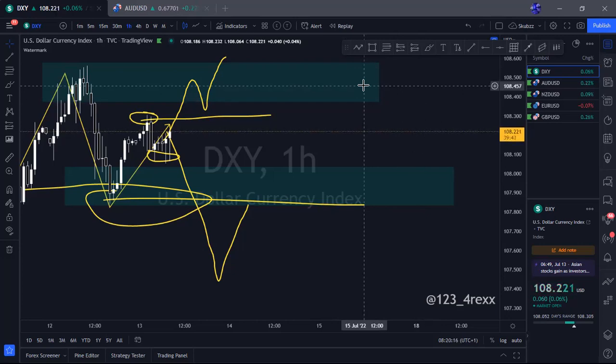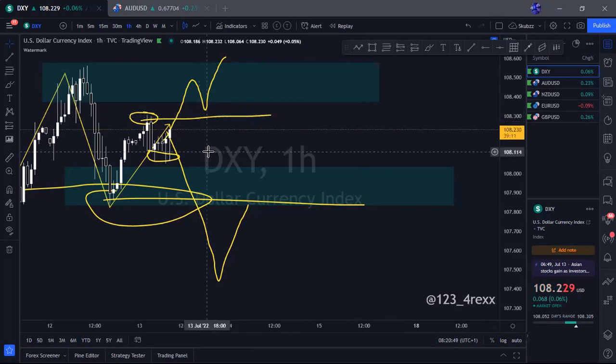If DXY is leaning towards bearish setups, know that EUR/USD will lean towards bullish setups. But it's not like if DXY is showing you bearish setups, you should ignore the bearish setups on EUR/USD. Analyze them independently, but then you can use them to aid your analysis with one another. That's basically it.